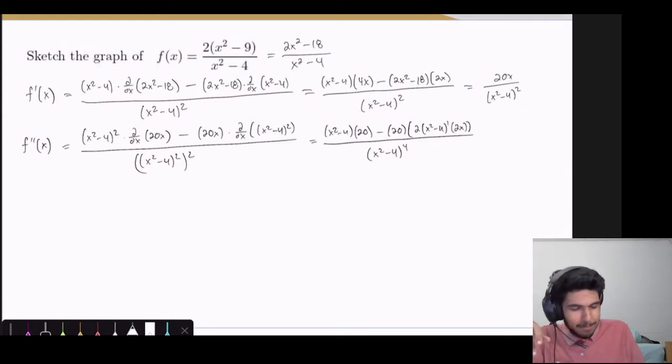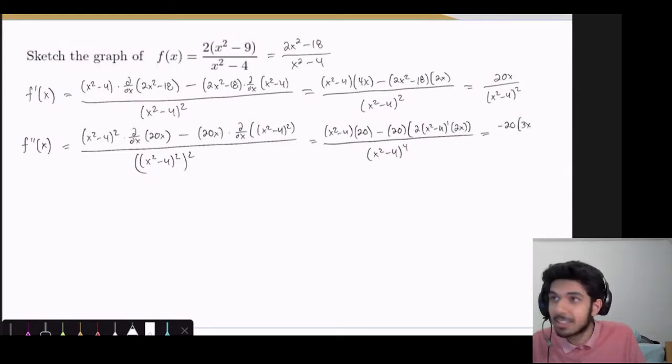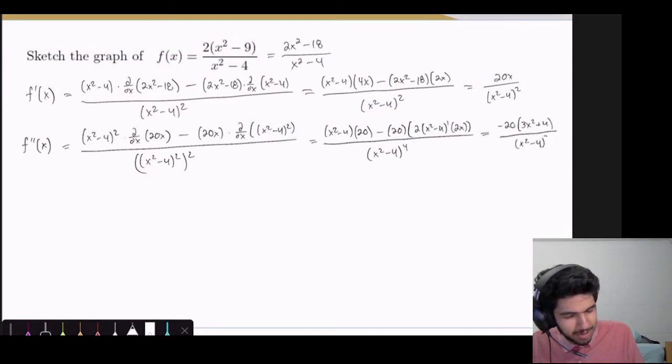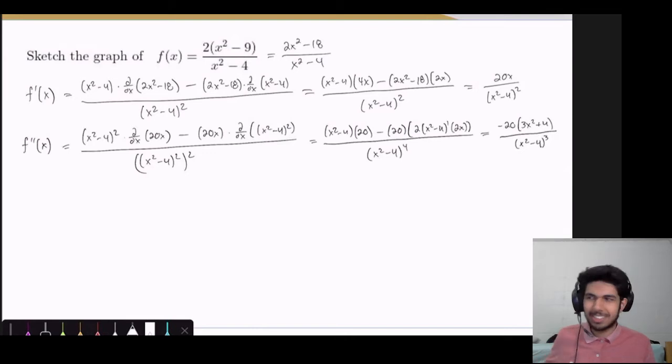If we do some multiplication and some factoring, I'll save us some time here. This should be equal to negative 20 times 3x squared plus 4, all of this over x squared minus 4 cubed. I hope that's right. Yeah, just hopefully it's right.